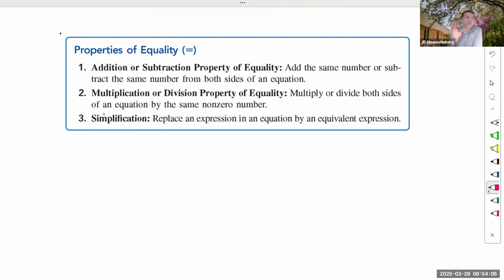That's the multiplication or the division property of equality. So again, we did that in that previous example. And then every time we do one of those, we simplify the equation and we replace an expression in an equation by an equivalent expression.